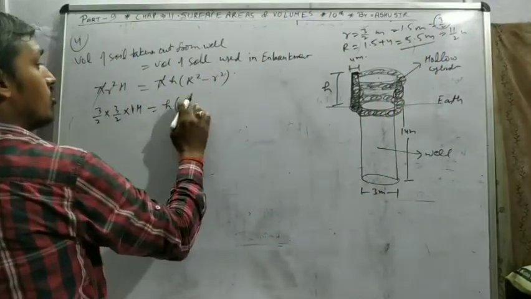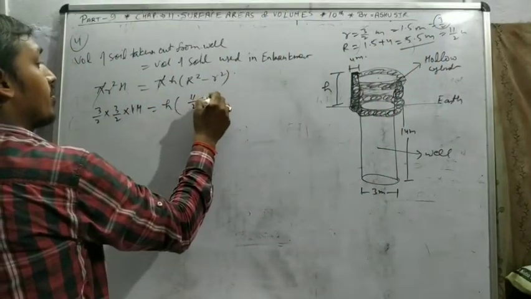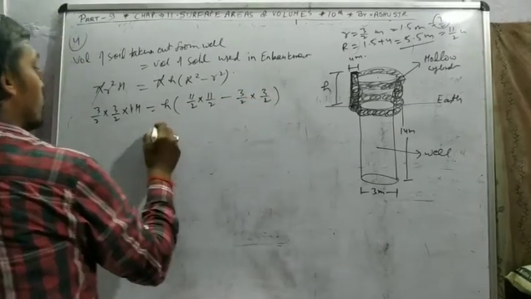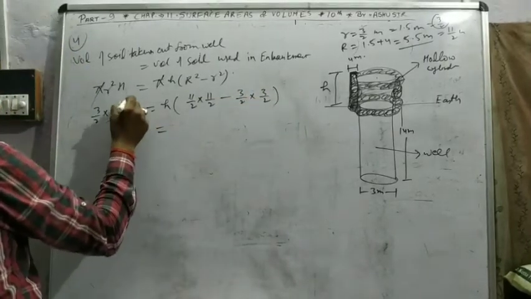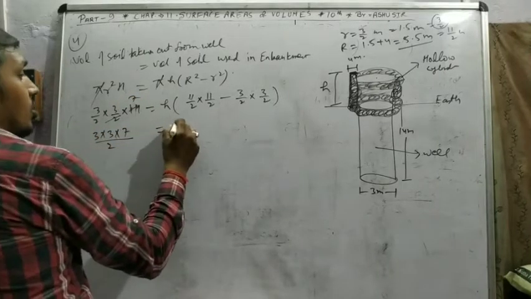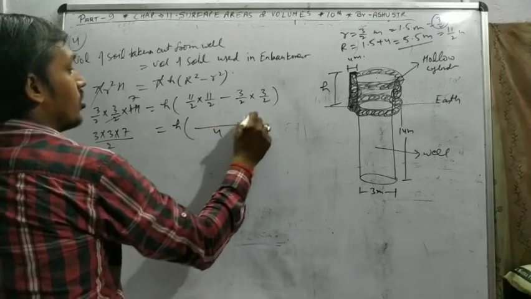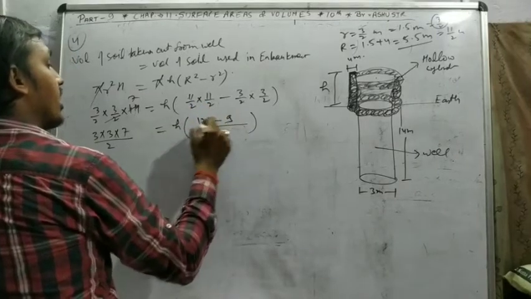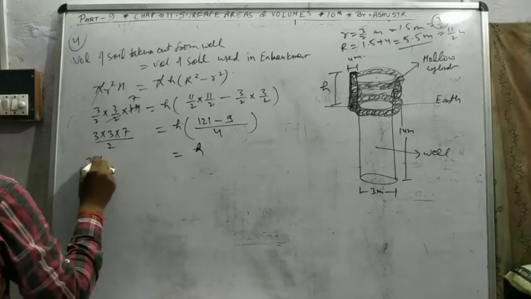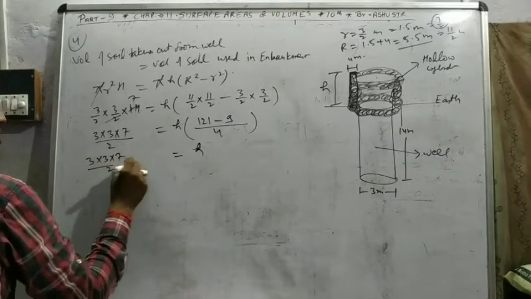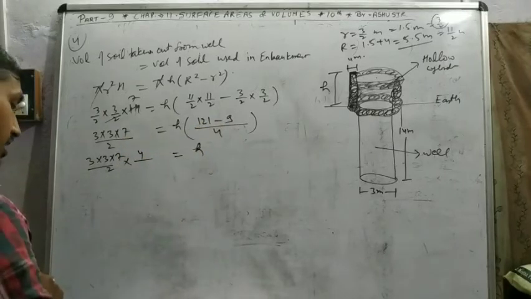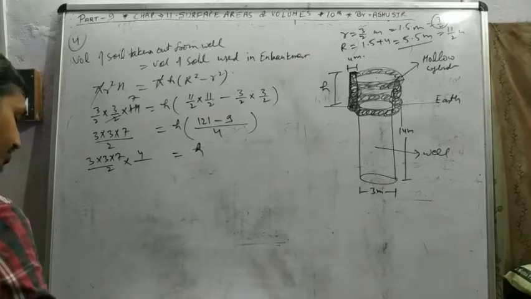It's easy to put the values: 11/2 minus 3/2 into 3/2. So this is cancelled. 3 into 3 into 7/2 h, taking LCM 4, 121 minus 9, and h equals 3 into 3 into 7/2, 4 comes upside, and this 121 minus 9.